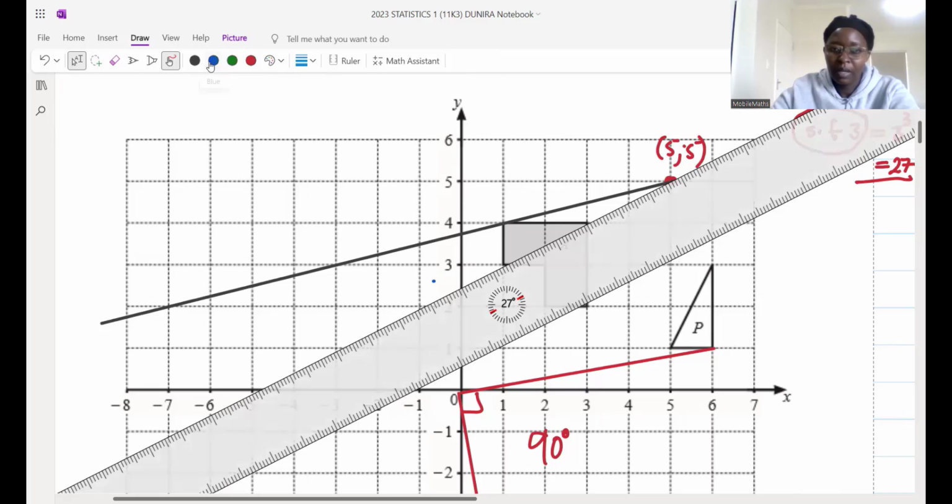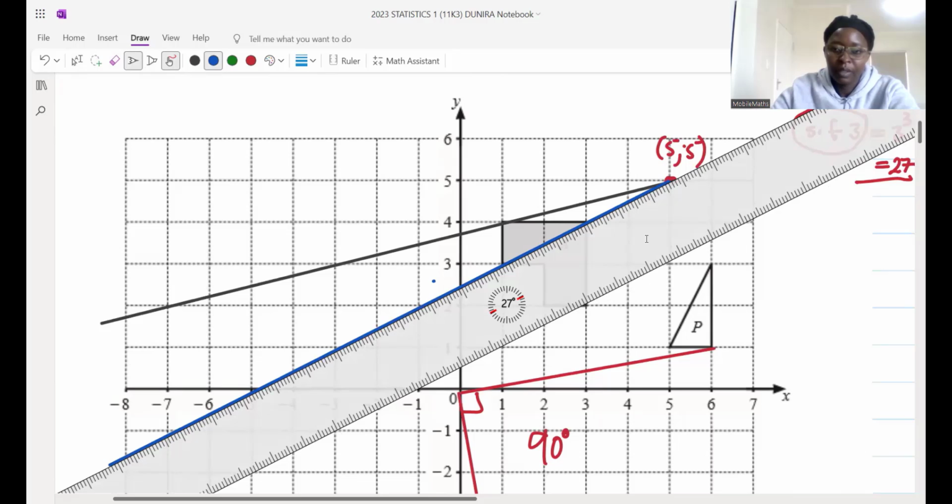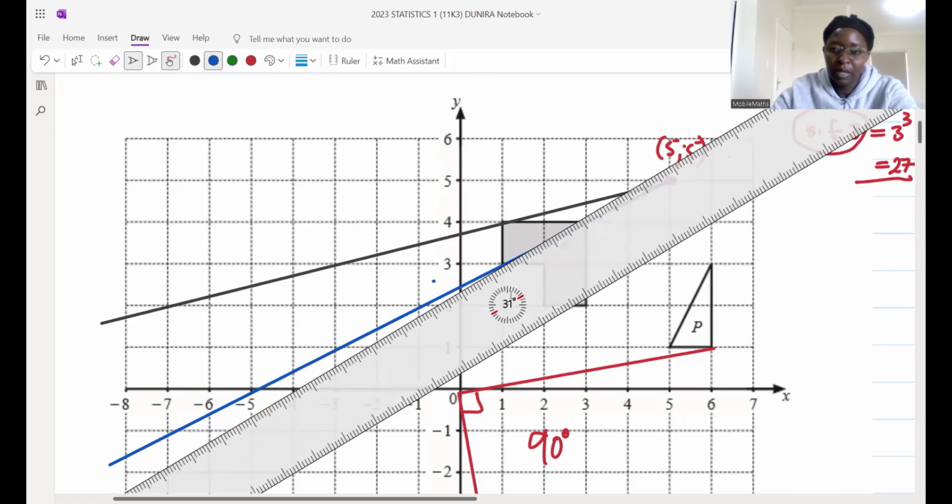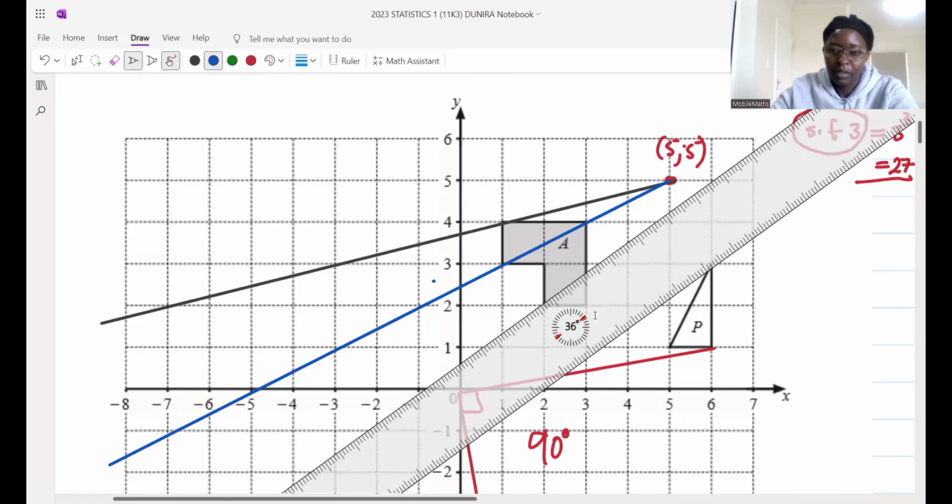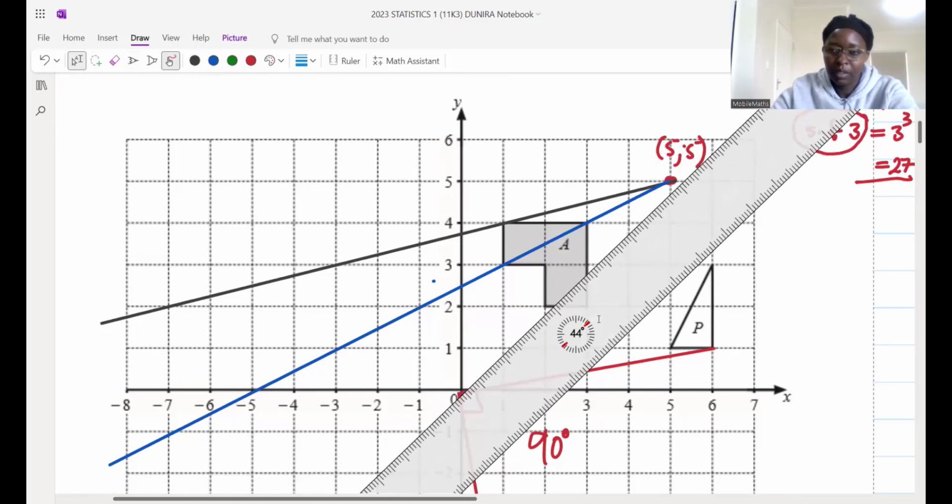So I have another one, which is this one. So this one is going to pass through like this, okay? Now another point, let's do another one. This corner, okay, I want this corner.